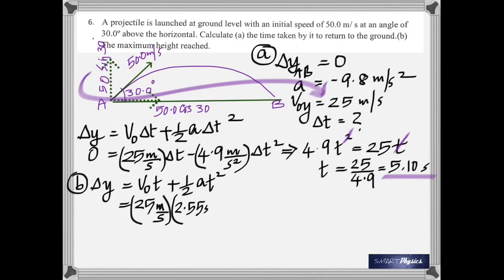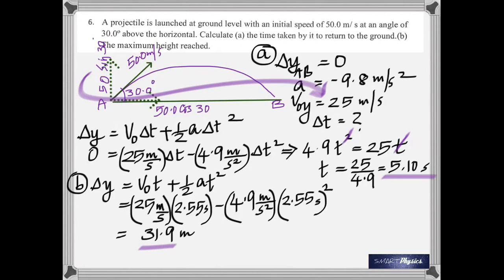Because if the total time taken is 5.10 seconds, in order to reach the maximum height, it's going to take only half of that time. Is that clear enough? And then negative, because first it's going up, 4.9 times 2.55 squared. When you calculate that, you get 31.9 meter.